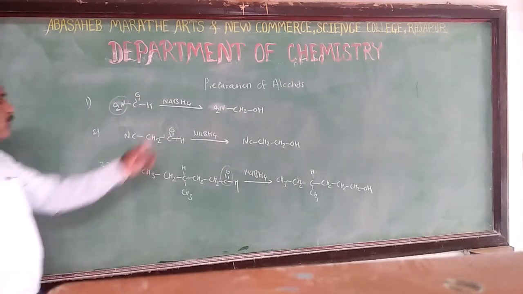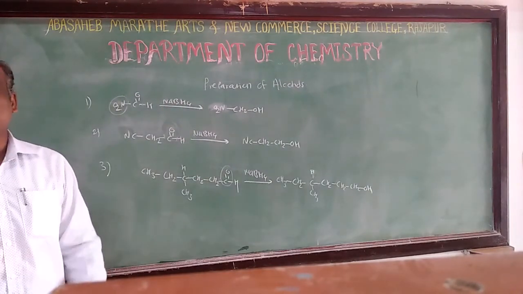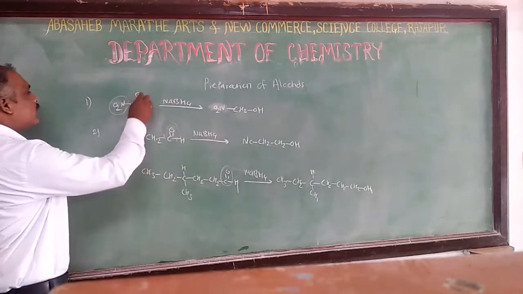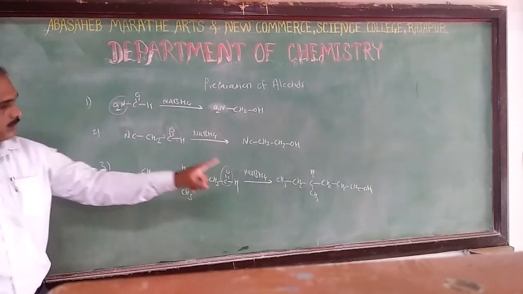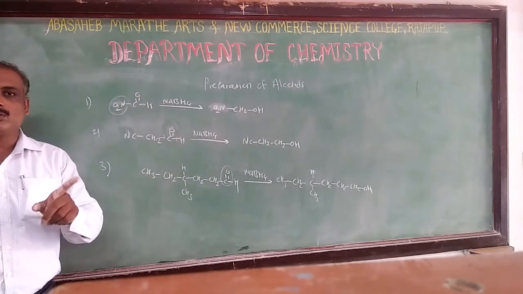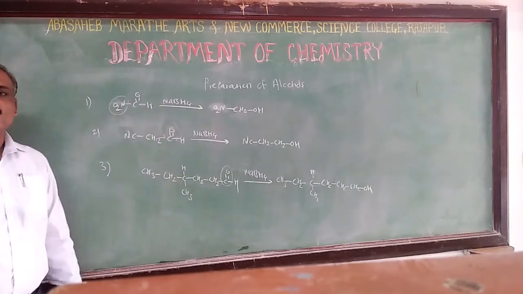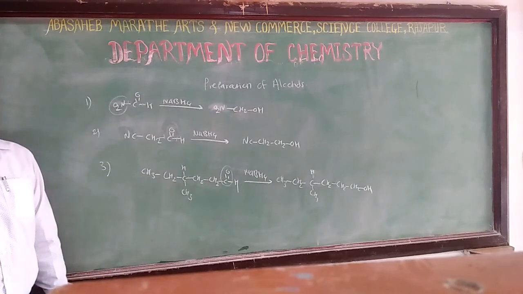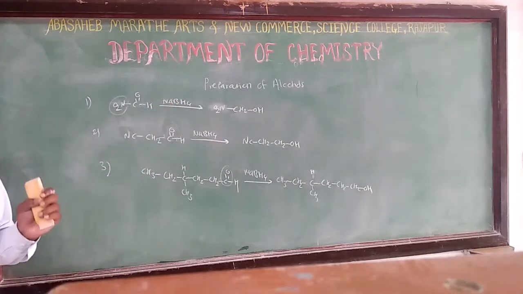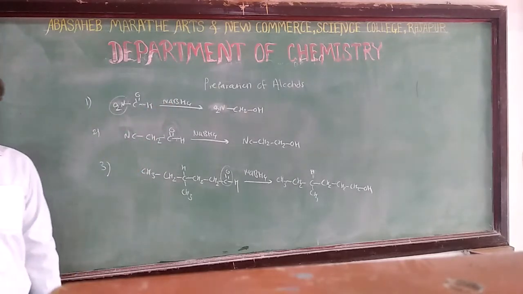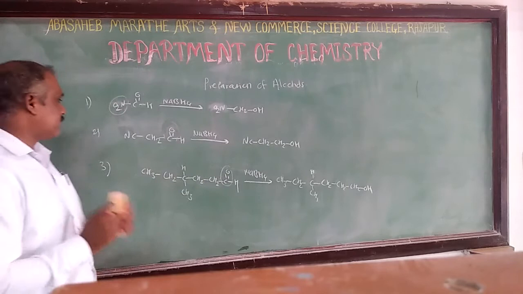But if we use lithium aluminum hydride instead of sodium borohydride, both functional groups are reduced. Nitro is reduced to the corresponding amine and the carbonyl group is reduced to the corresponding alcohol. Therefore, sodium borohydride is a weak reducing agent compared to lithium aluminum hydride, and hence it is selectively used only for the reduction of aldehydes and ketones.